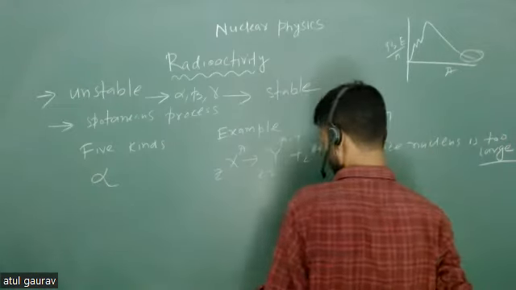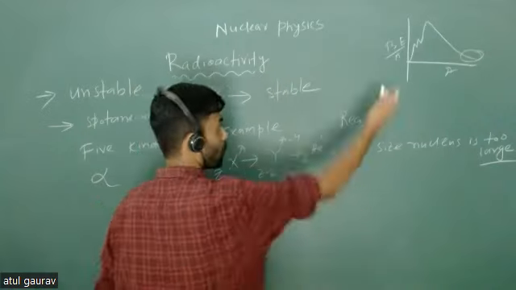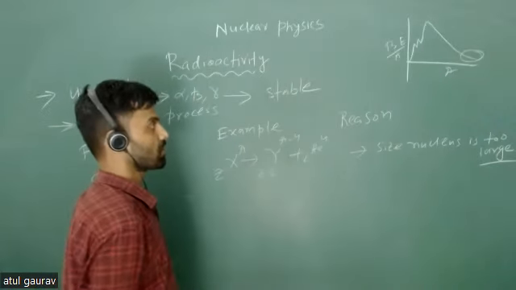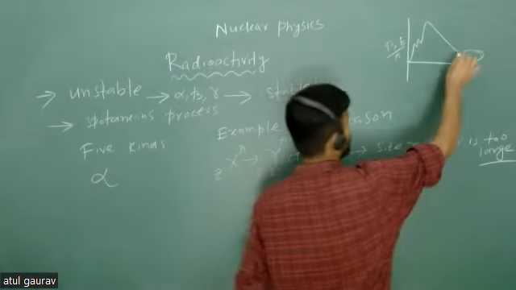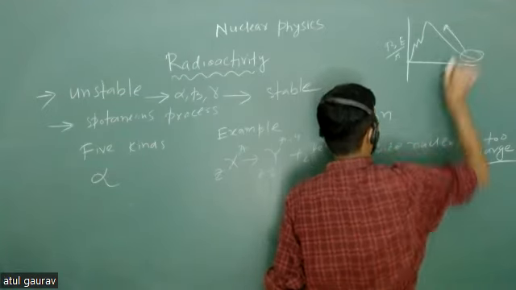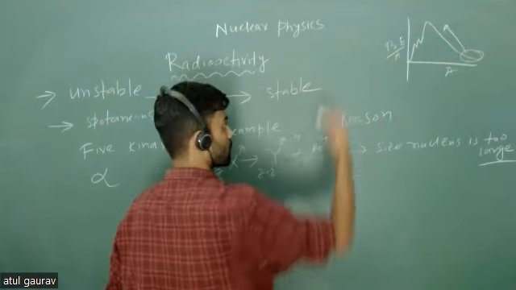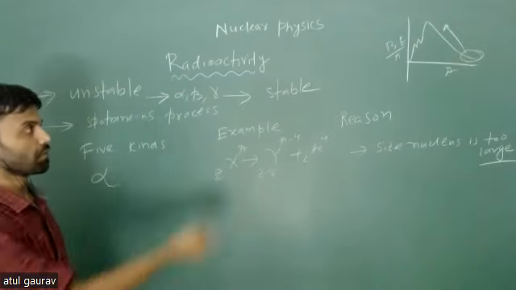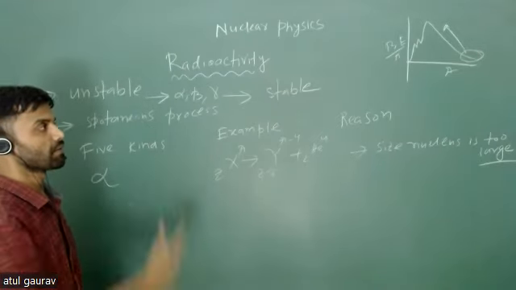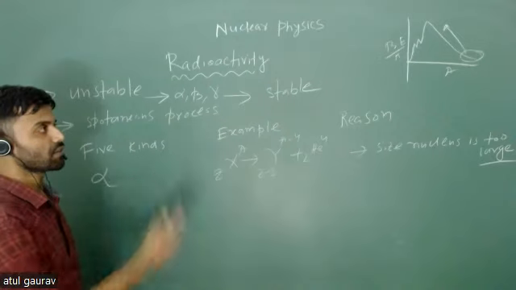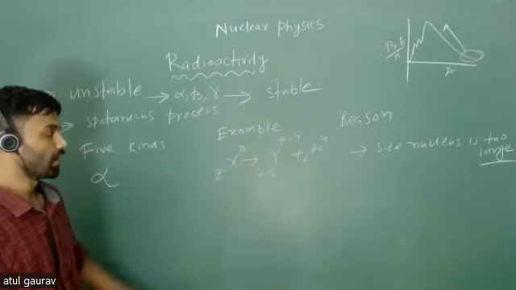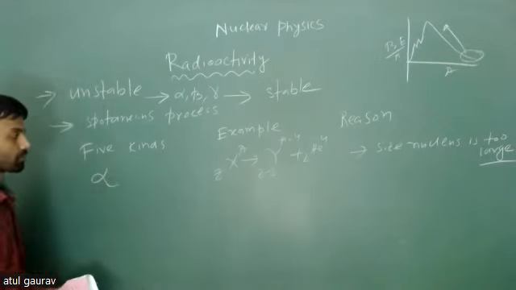So this means they are weakly bound, or they are almost unstable. So they will emit alpha particles, and they will come to higher binding energy or low mass number. So when the size of the nucleus is large, then binding energy will be less, and that's why they are unstable. They will emit some alpha particle, and they will try to become stable.